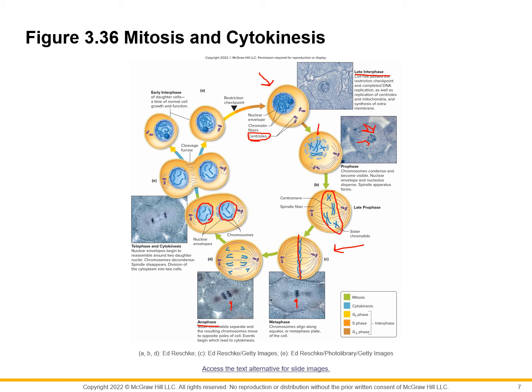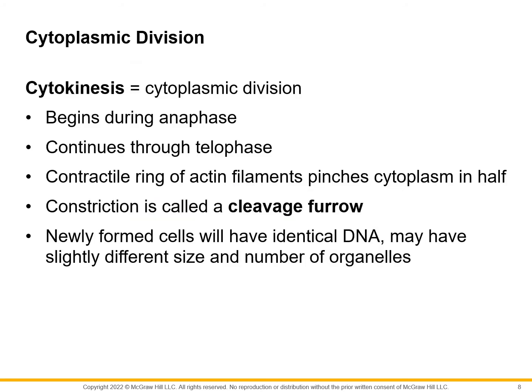We'll start seeing what we call a cleavage furrow, and we'll notice that all the things that were getting taken apart over here in prophase are now being put back together over here in what we call telophase. So the beginning and the end are long processes. The two in the middle are pretty short, but in particular, metaphase is very short. So those are the stages of it. I hope that makes sense and that you're familiar with it.